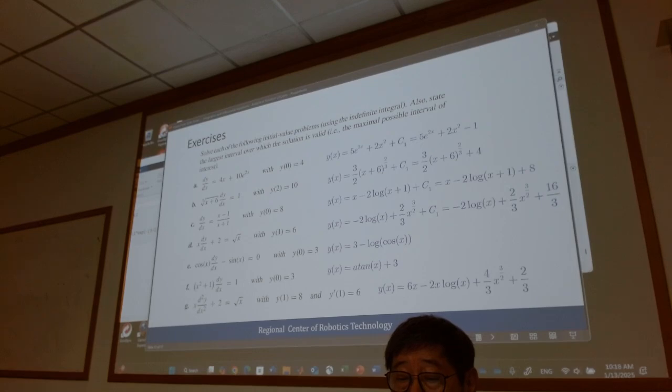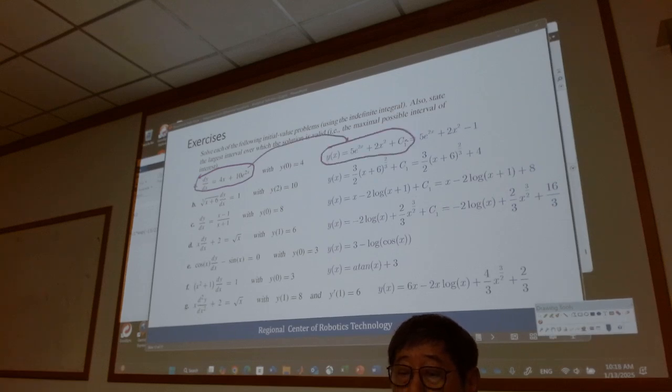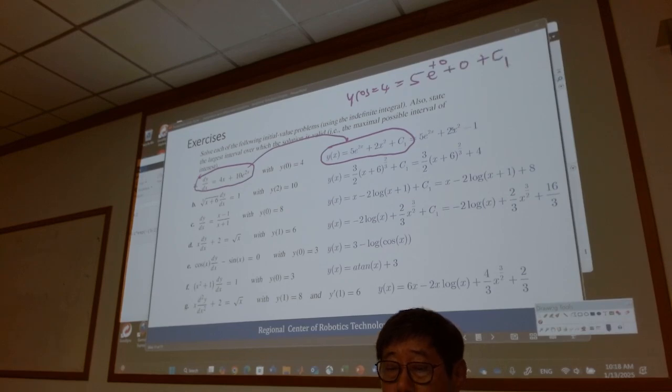You have this solution from this one, indicate this one, you have this one plus C1, right? And y0 is equal to 4, equal to 5 e to minus 0, plus 0, plus 0, plus C1. C1 equal to minus 5 minus 4.